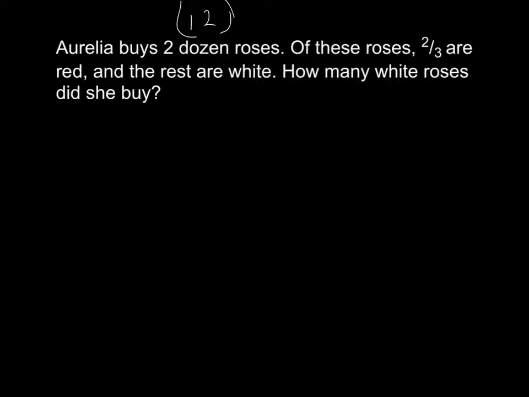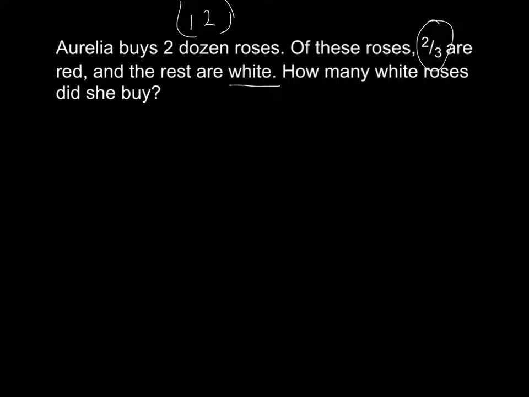Now this problem is a little bit different than the one that we just did, in that they're not asking about this. They're not asking how many are red. They're asking about how many are white. So on your scratch paper, I'd like you to draw a tape diagram, figure out what is the whole, and you're going to have to do a little math to figure out even what the whole is.